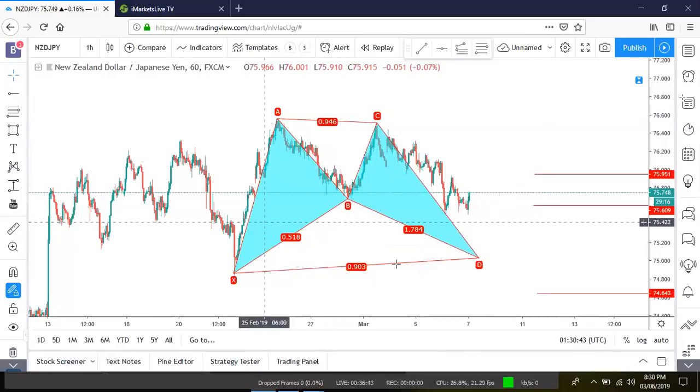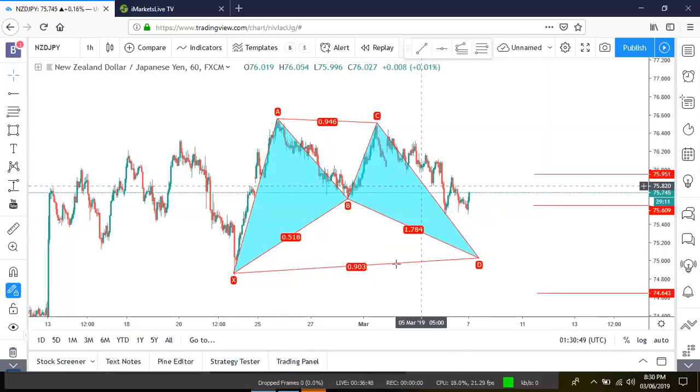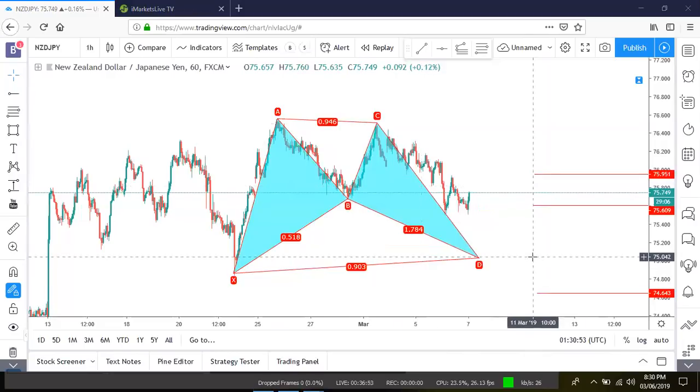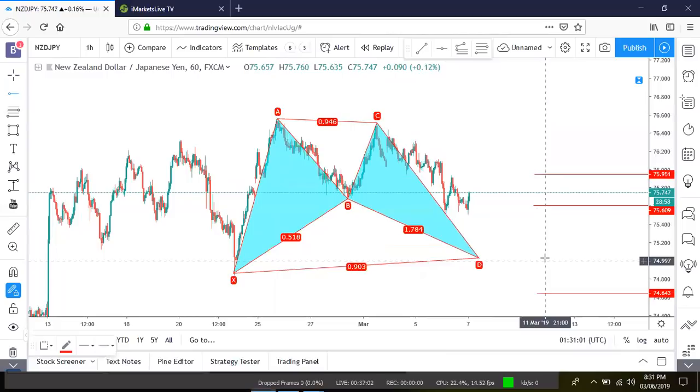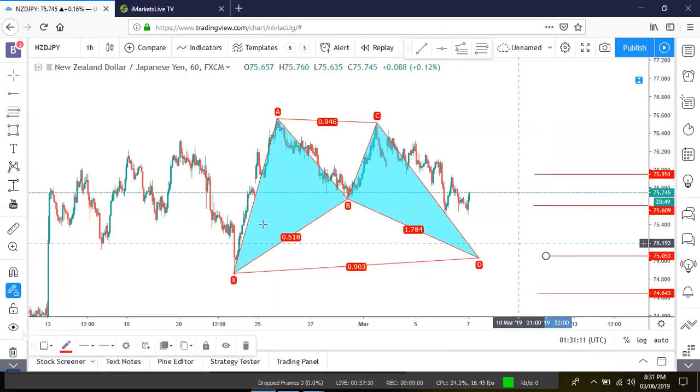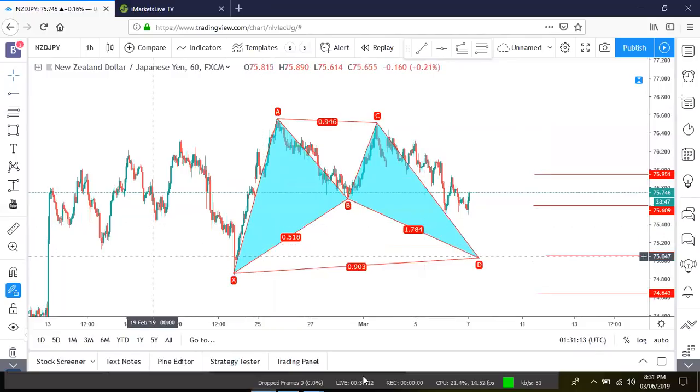But you guys see how easy that was? The entry point for that, you can do 75.50. I want to make sure I get in that trade. So this will be entry.